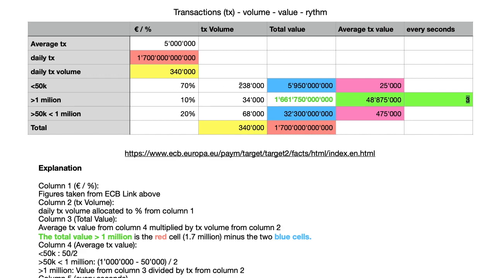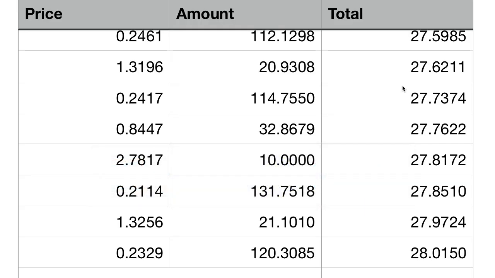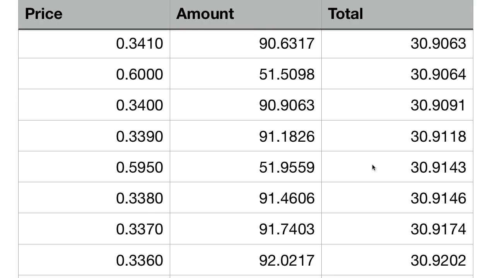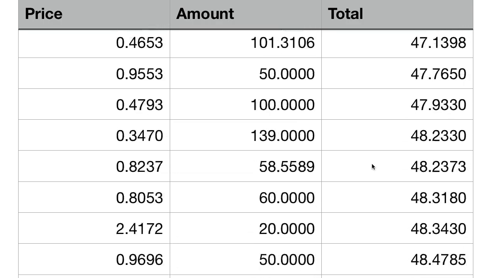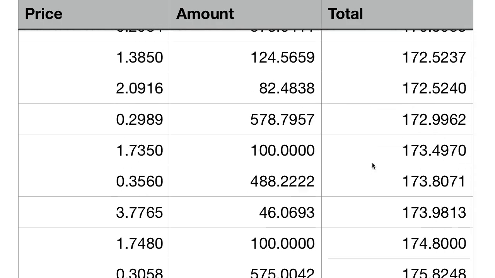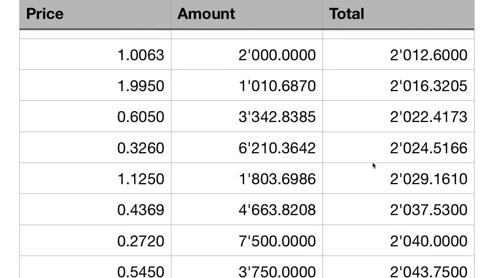Here we can see that like the majority of the payments, 70%, have a value of about 25,000. When we go back to the list, you can see that nowhere matches. Of course, we do have sell orders in the 2, 3, 4, 5 digit areas if we scroll down.